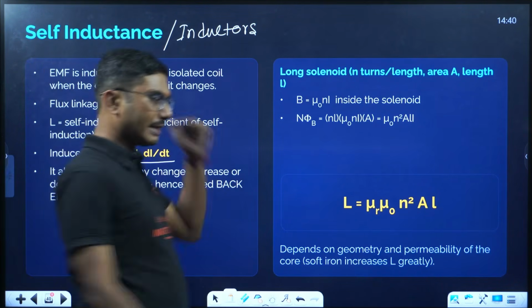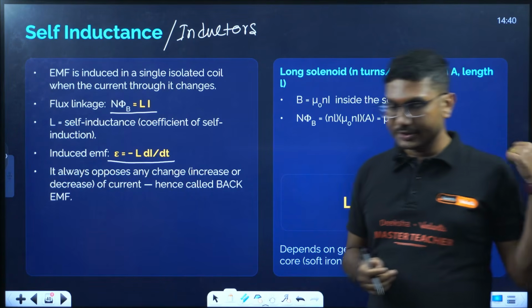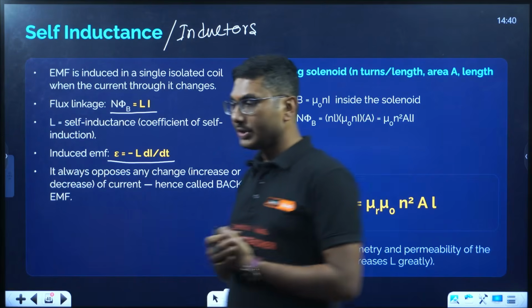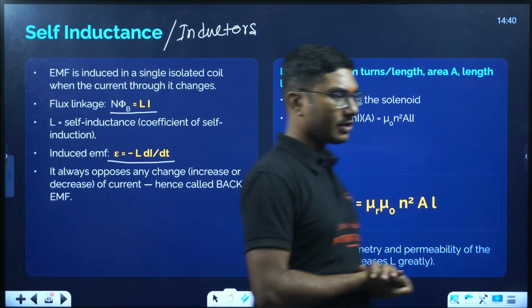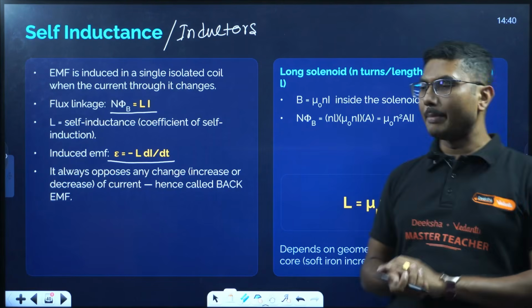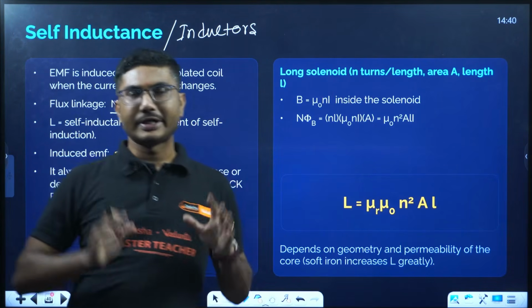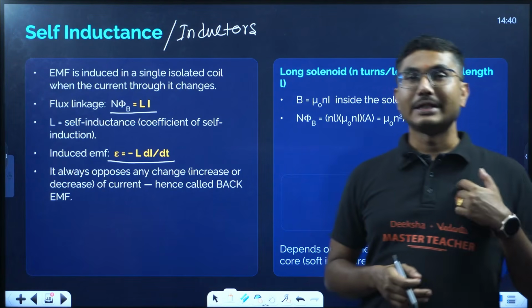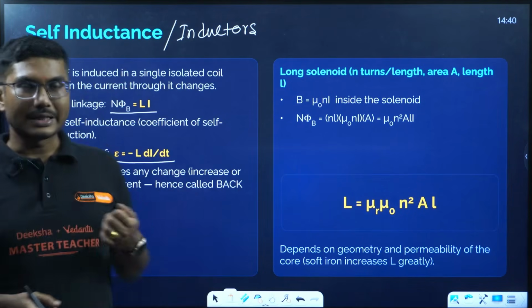Now mutual inductance also has its uses. For example, the transformer is a use of mutual inductance, but self-inductance has more uses than mutual inductance. Mutual inductance has its fair share of applications, but in terms of designing, its applications are somewhat limited, whereas self-inductance plays a major role in many designs and many circuits as well.